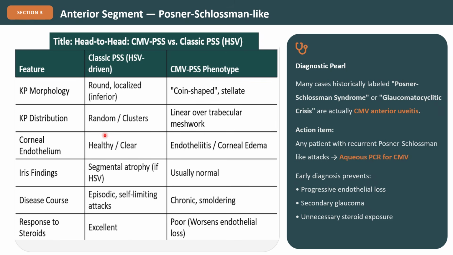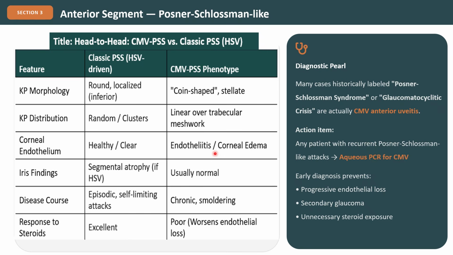This table quickly shows the difference between the classic Posner-Schlossman syndrome and the cytomegalovirus variety. As I said, there is the presence of coin-shaped precipitates as compared to the round precipitates in the idiopathic variety, and the corneal endothelial involvement is associated with cytomegalovirus infection.